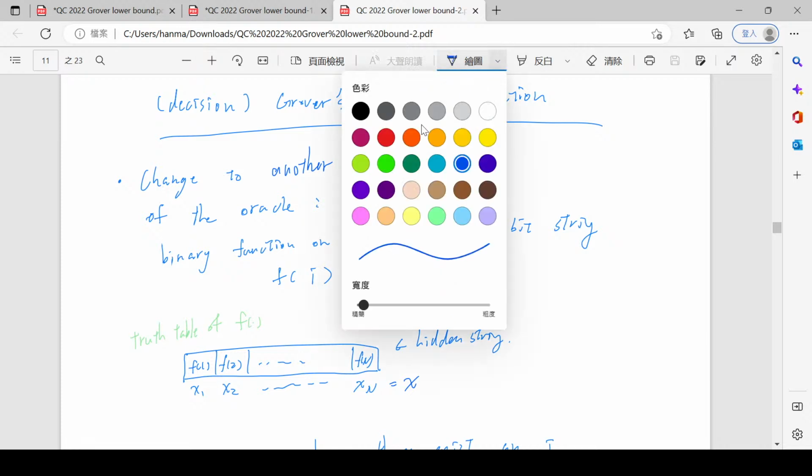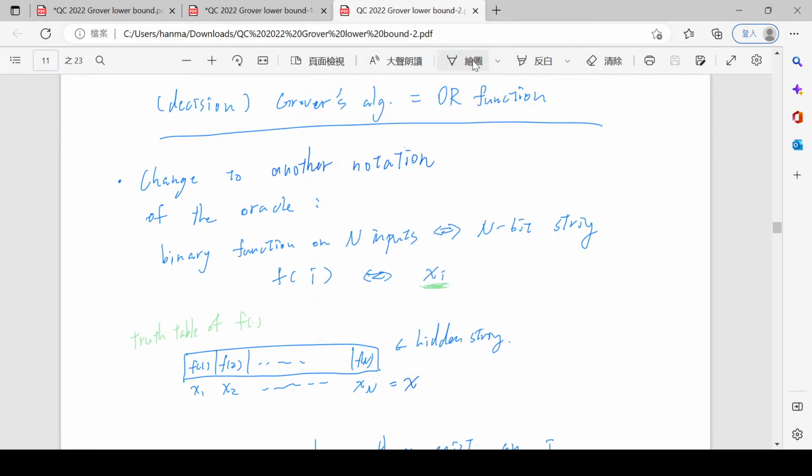There are two inputs, because we have this big F function on a small f function, and small f is a binary function on small n bit strings to 0, 1. Now we are just changing this small f to an x that's a big N bit string, because we don't really care about the structure of small f too much.